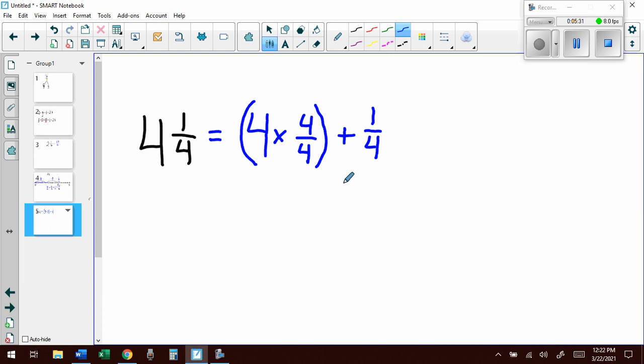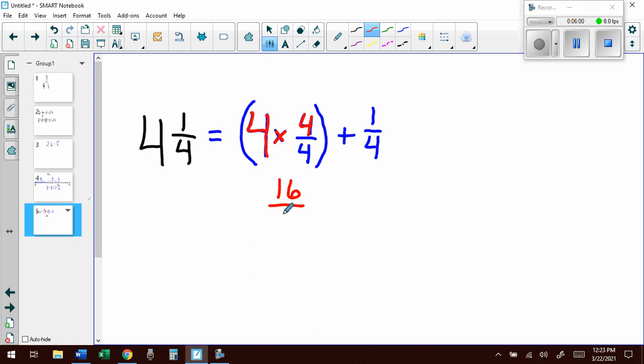Now this is where it gets different than what you had done before, because before you saw this as 4 times 1. Well, we already know that's 4 times 1, so now you need to use your skills and multiply the whole number by the numerator. 4 times 4. 4 times 4 equals 16.